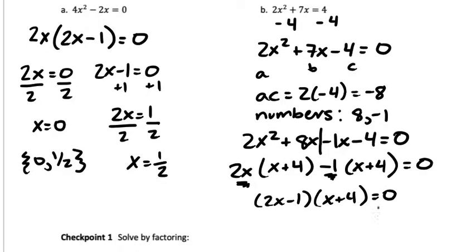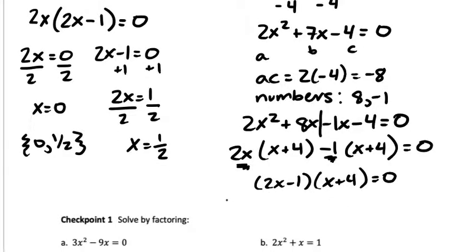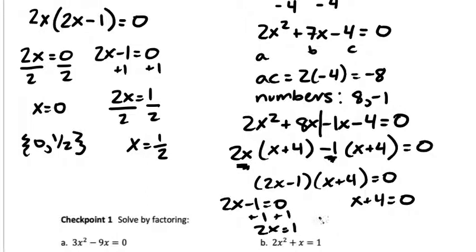Set each one of those equal to 0 and solve. So we have 2x minus 1 equals 0 and x plus 4 equals 0. Almost out of space here. 2x equals 1. Divide by 2, I get x equals 1/2.